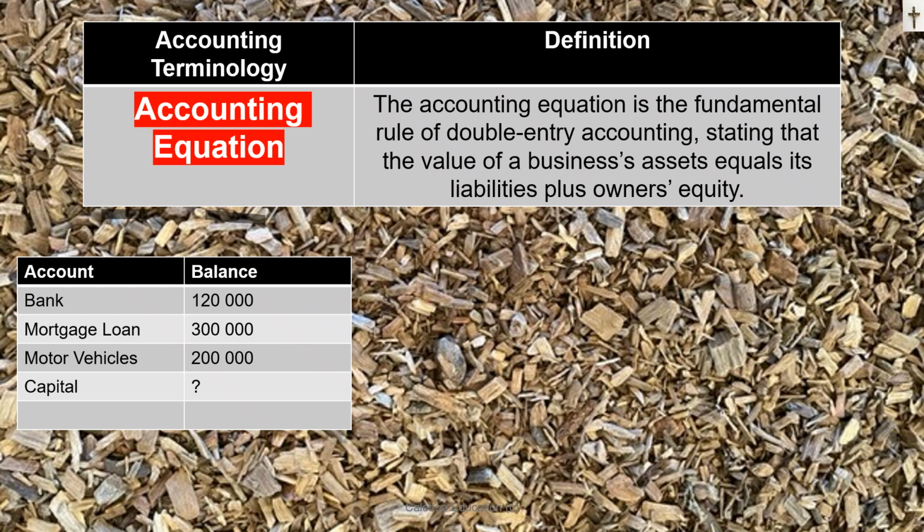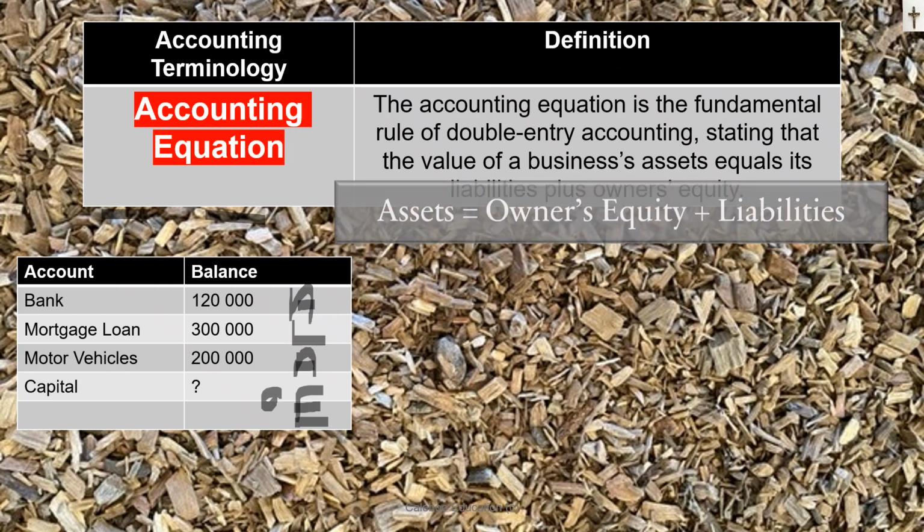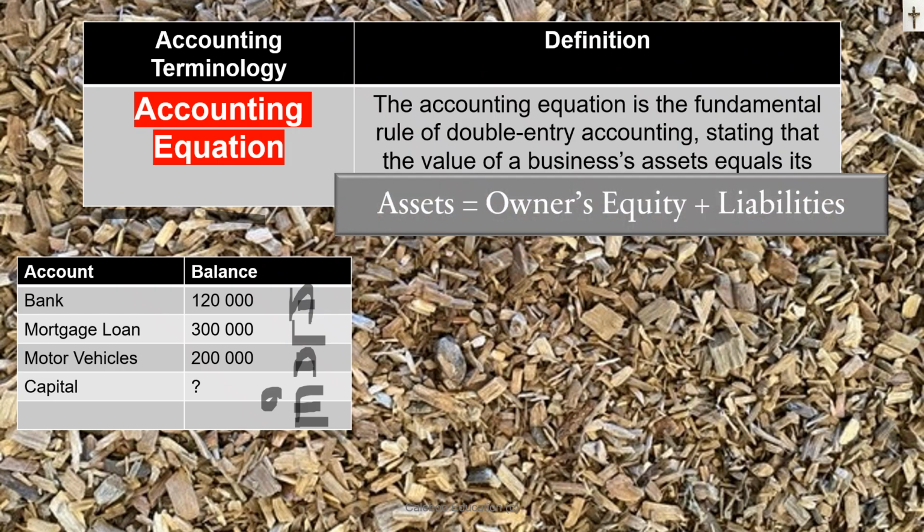So what we need to do when given a question like this: bank has a positive balance, it's an asset. Mortgage loan is a loan, it's a liability. Motor vehicles is an asset. Capital falls under owner's equity. We're using the accounting equation, assets equals owner's equity plus liabilities.